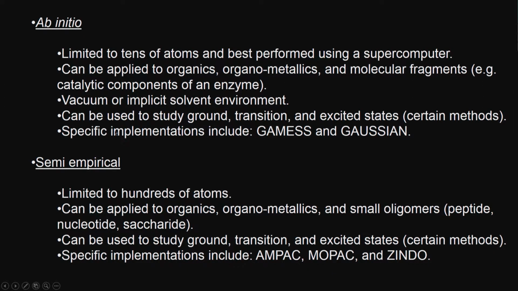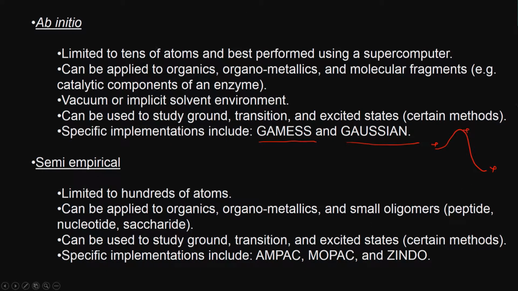There are software packages called GAMESS and Gaussian. You will come across these names if you look at ab initio methods. We can calculate energies at these various states very accurately using ab initio methods.